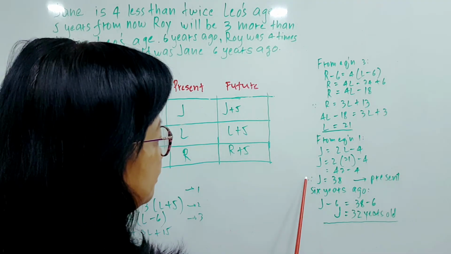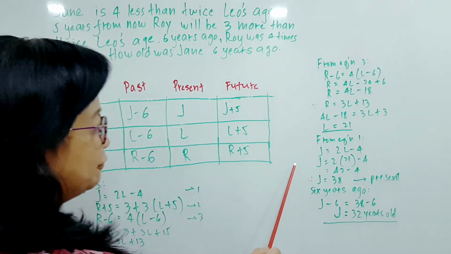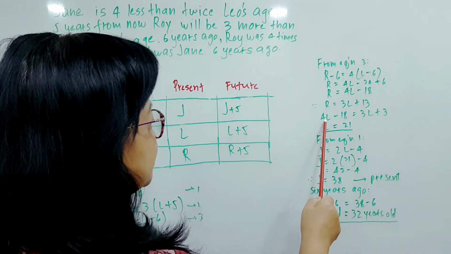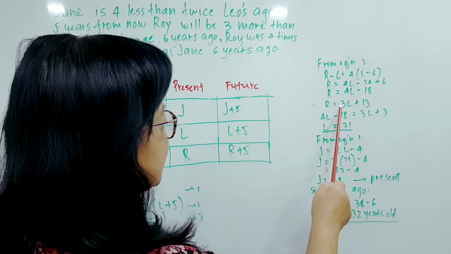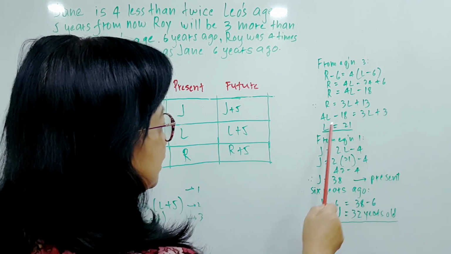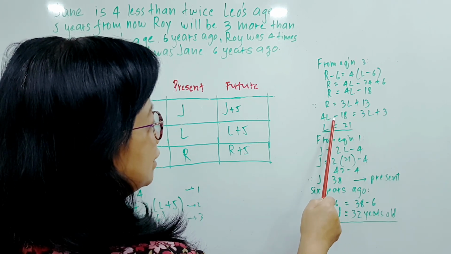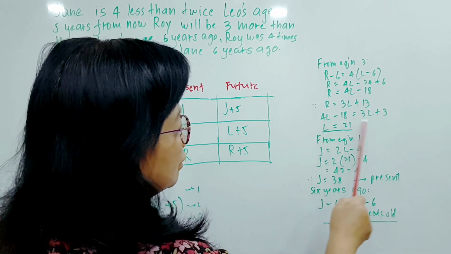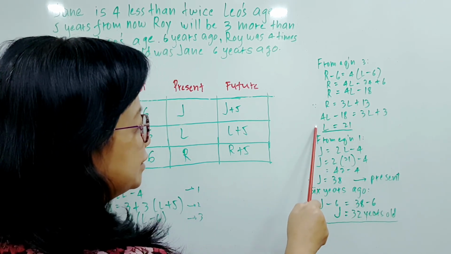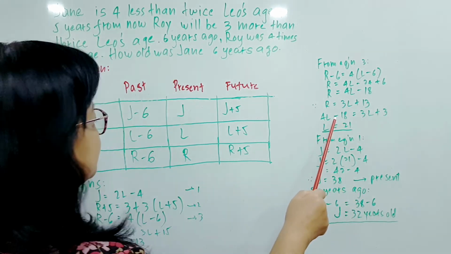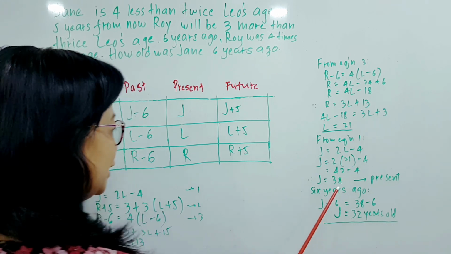I-substitute natin ang value ng R. Therefore, R, which is 4L minus 18, is equal to 3L plus 13. Then, iisa na lang yung variable natin. So, combining like terms, L therefore is equal to 21. So, Leo's present age is 21.